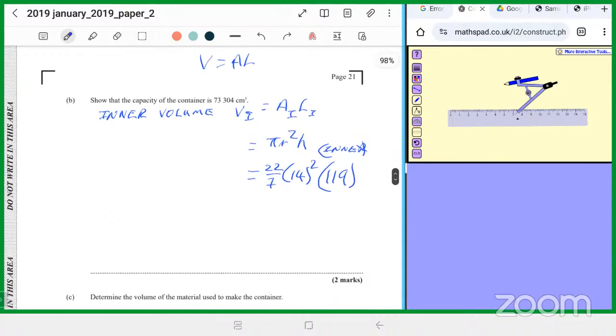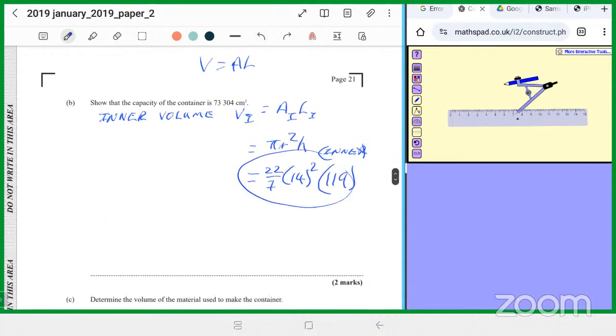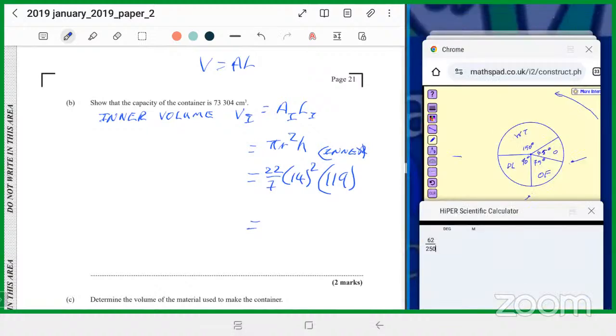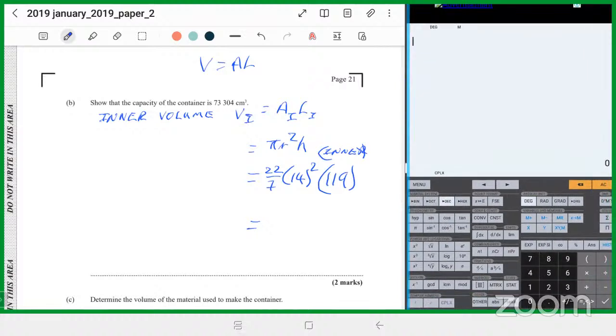So let's do this calculation now and see what we get. We're supposed to get this figure. It equals pi r squared h. So it's 22/7 times 14 squared, pi r squared, and then times 119.